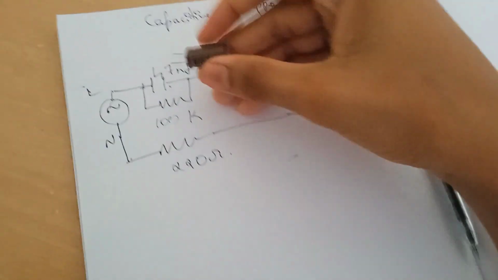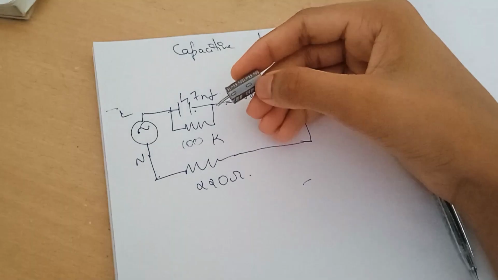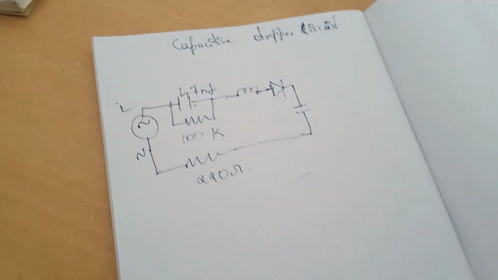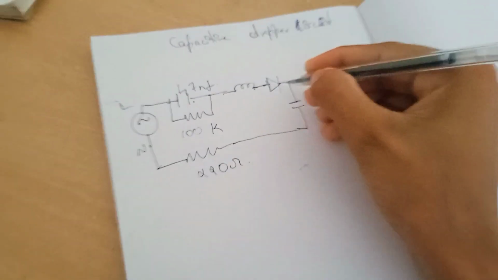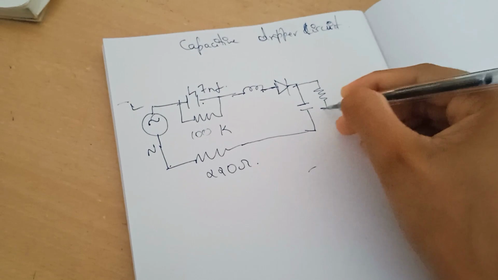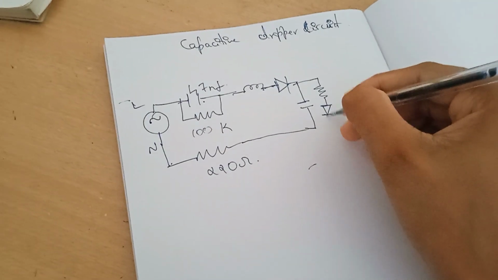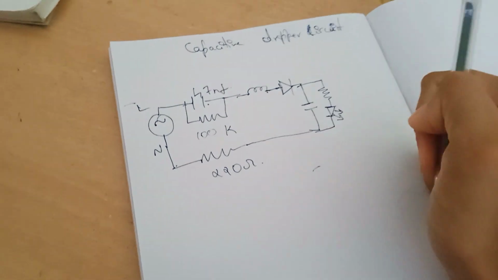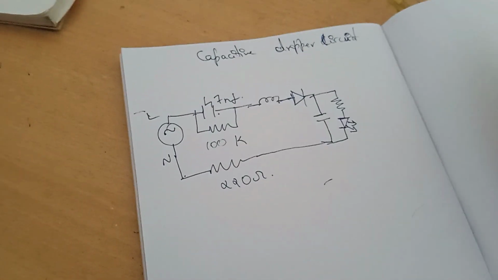This terminal is negative and this is positive, and then I'm going to connect an LED after a resistor like so. Here comes the LED. This is the circuit, and let's build it.